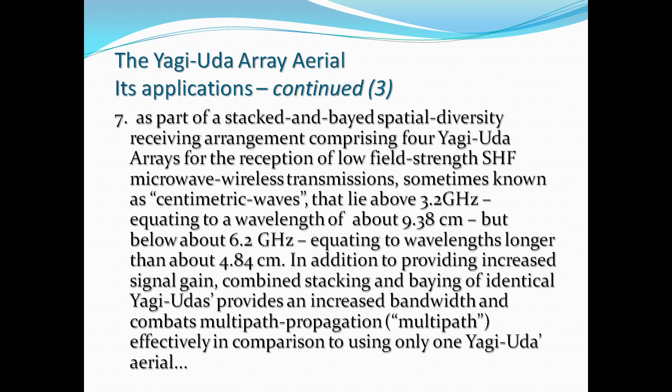In addition to providing increased signal gain, combined stacking and baying of identical Yagi-Uda array aerials provides an increased bandwidth and combats multiple path propagation, known as multipath, effectively in comparison to using only one Yagi-Uda array aerial.